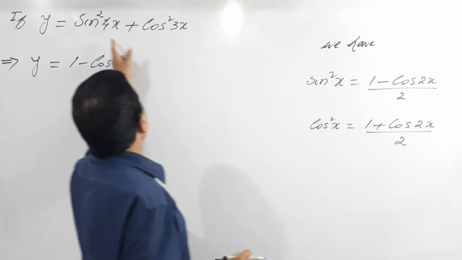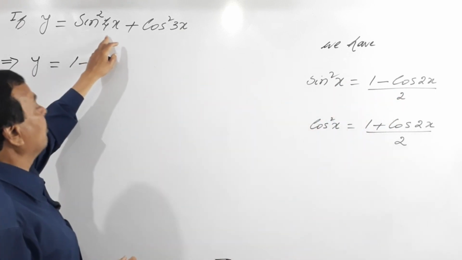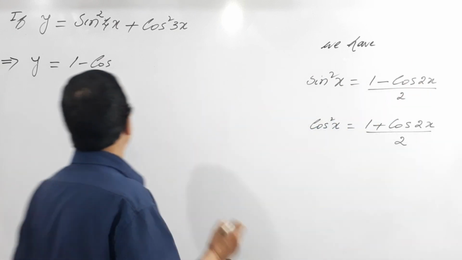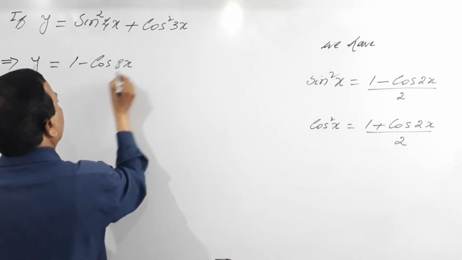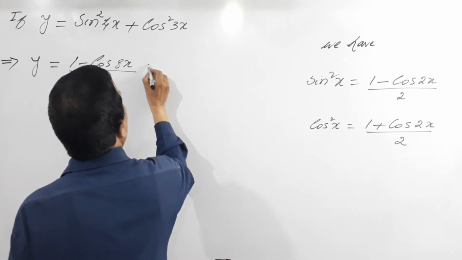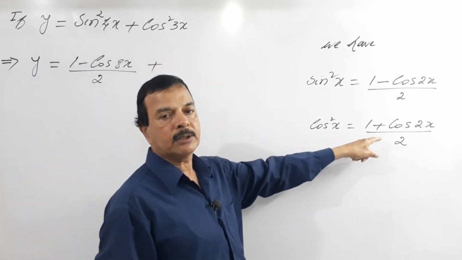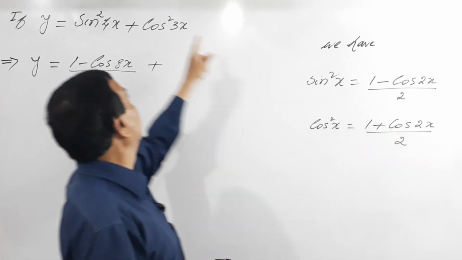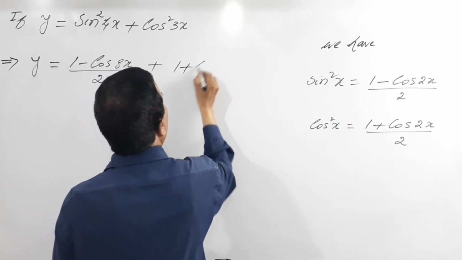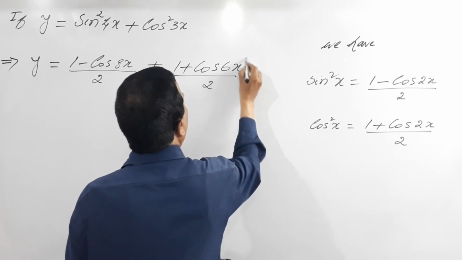If it was only sin square x, it would have been 1 minus cos 2x. Since it is sin square 4x, 4 into 2, it becomes 8x, so that becomes 1 minus cos 8x by 2, plus. Again for cos square, we are going to use 1 plus cos 2x. So 2 into this 3 becomes 6x. That is 1 plus cos 6x by 2.